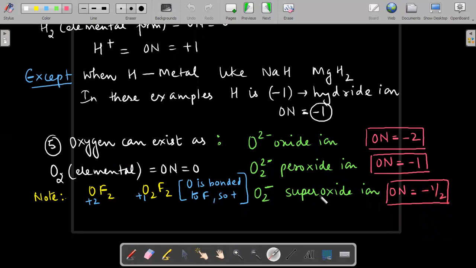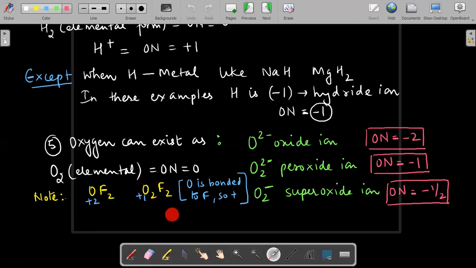Okay. But there are some examples where oxygen can be positive also, although it is quite electronegative, but only when oxygen is bonded to fluorine. क्योंकि ऑक्सीजन से भी ज्यादा इलेक्ट्रोनेगेटिव कौन होता है? फ्लोरीन. तो only when oxygen is bonded to fluorine, इसका स्टेट क्या हो जाता है? पॉजिटिव. देखो, like in OF2 oxygen is +2, in O2F2 oxygen is +1. We will teach you how you can calculate this +1 and +2, है ना?